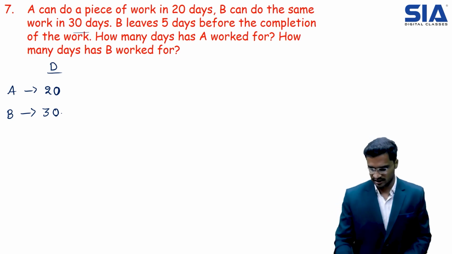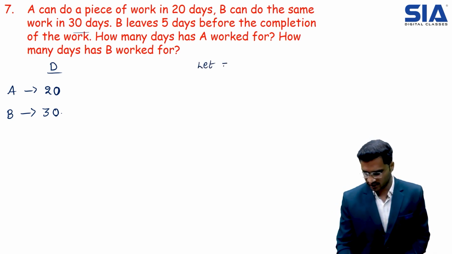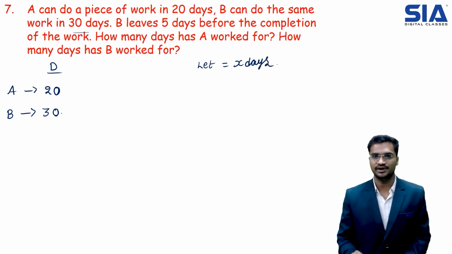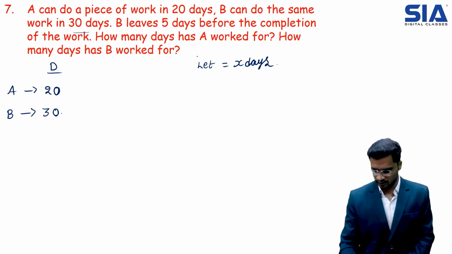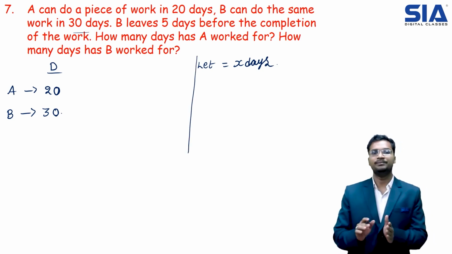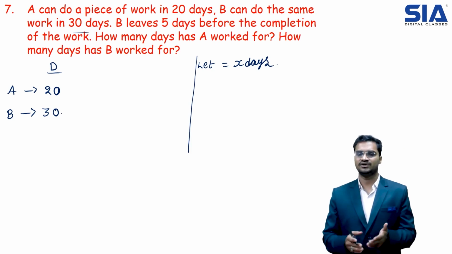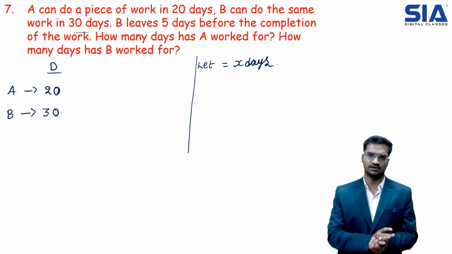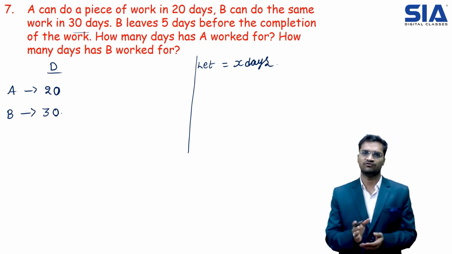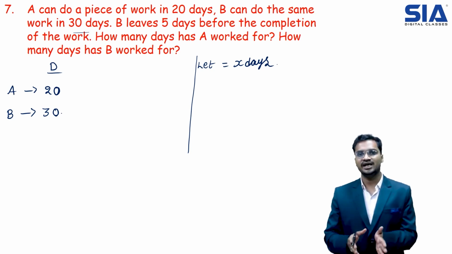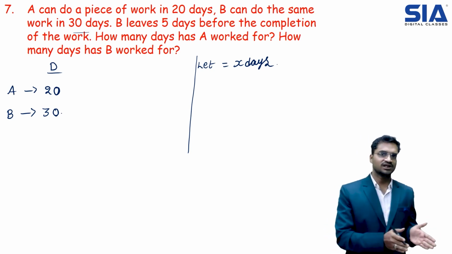So let us say, let the work be completed in X days. Now B is leaving 5 days before the completion of work, and A is staying from the start till the end.